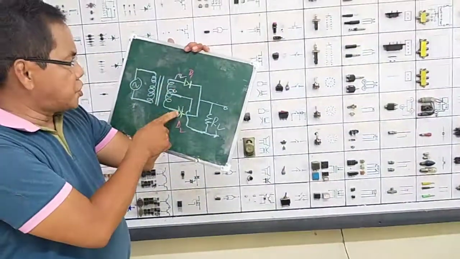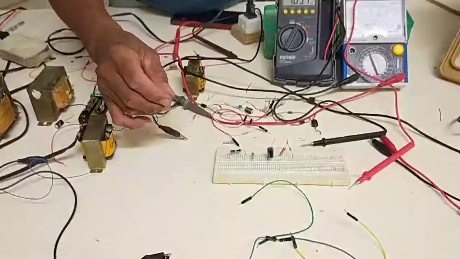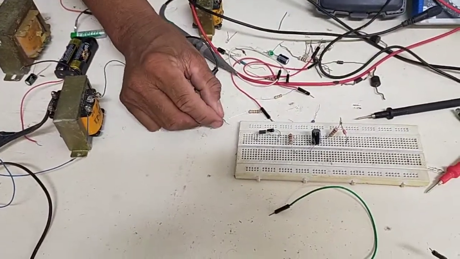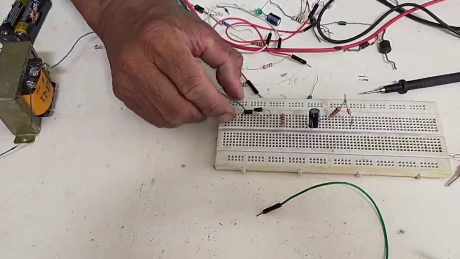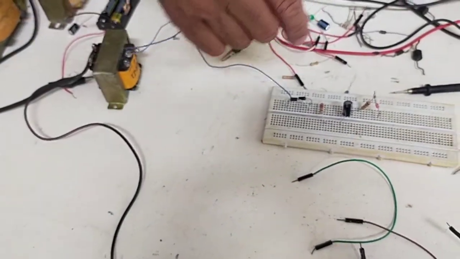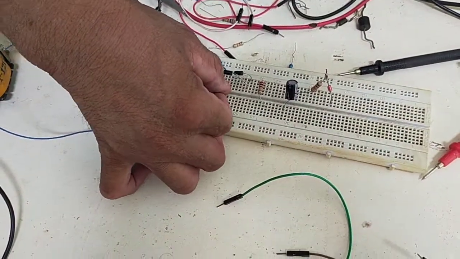The two anodes actually are connected to the two terminals of the secondary winding. The other terminal is connected here.